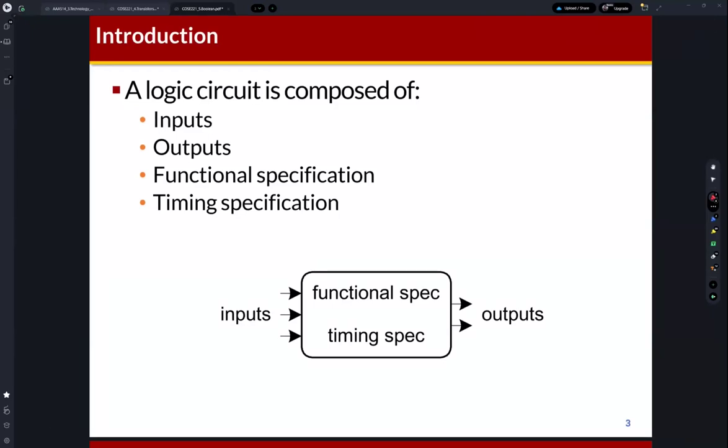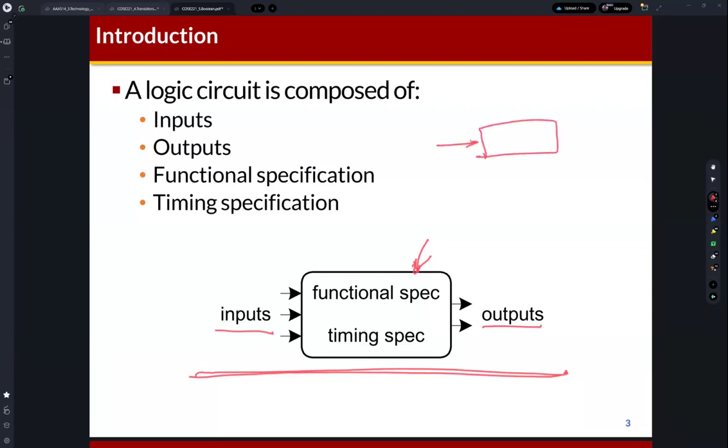So let's learn about some components of a logic circuit. What can you see? You can see a rectangular box with input signals and output signals. So it looks like this. Input values are given, and based on some function, an output signal is generated.